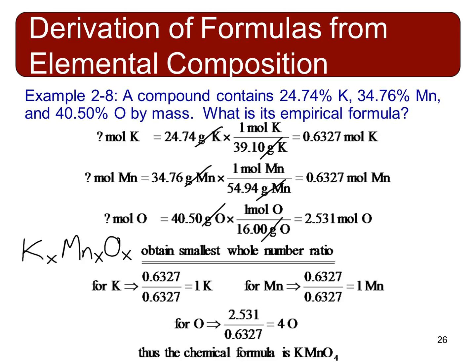What you're going to do is find your smallest number. Here we've got two numbers that are both the same, so it doesn't matter which one you choose. And you're going to divide all of your moles by that smallest number. So that's what's done here. I'm going to show it up here. Okay, so that's going to obviously equal 1.